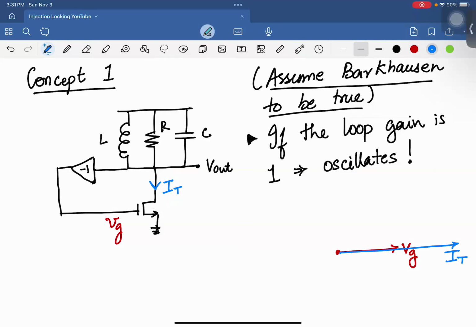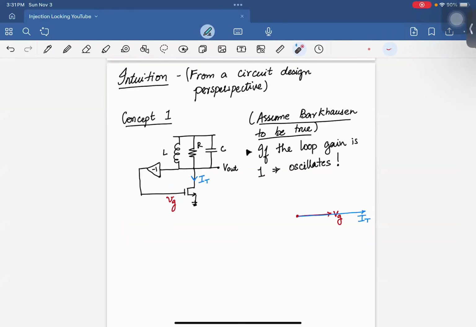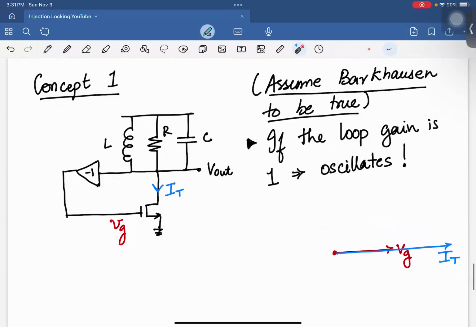All right, and IT and V out are out of phase, right? Because when this current IT increases, and let's assume we are at the oscillation frequency, which is F naught. So at the oscillation frequency, L and C kind of are resonating with each other, and the impedance of this tank is purely real, which is R. We'll get to that maybe a little bit later, but if you know that already, then that's good.